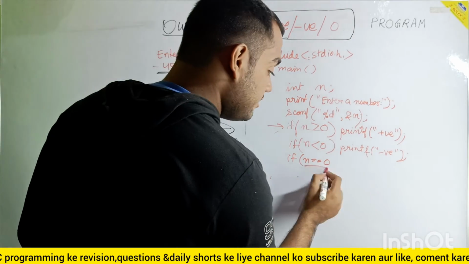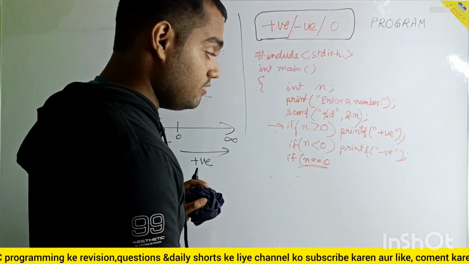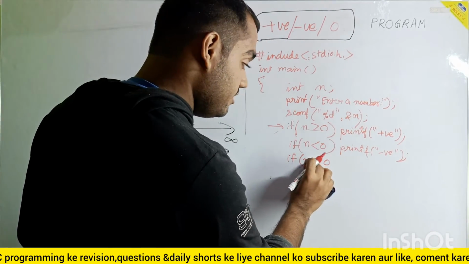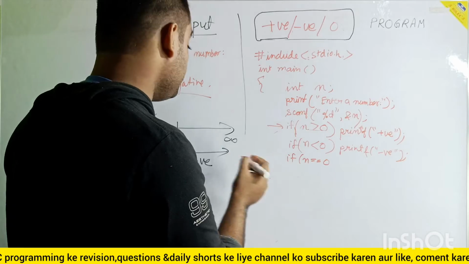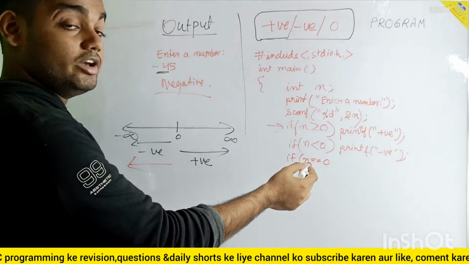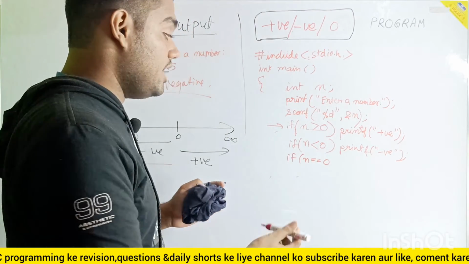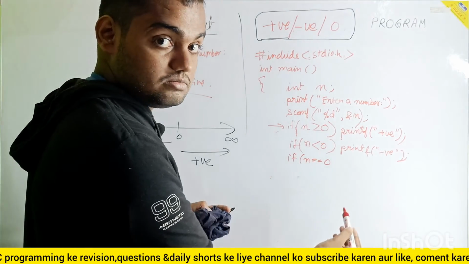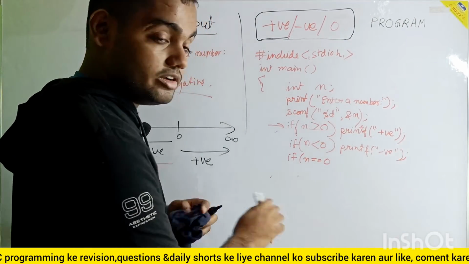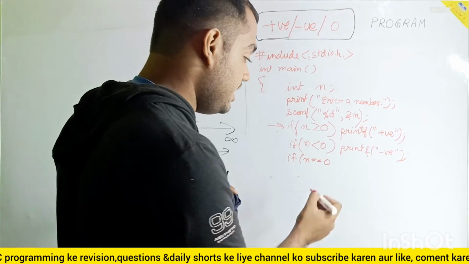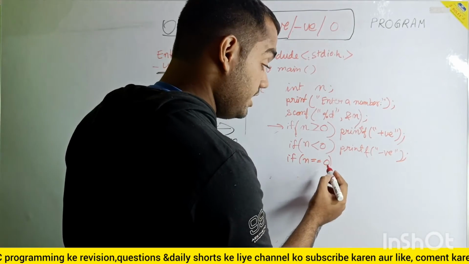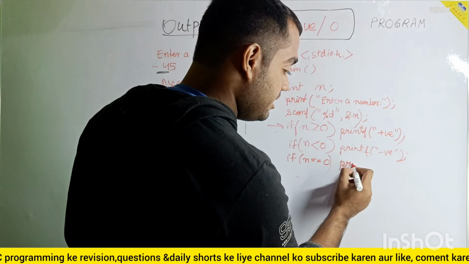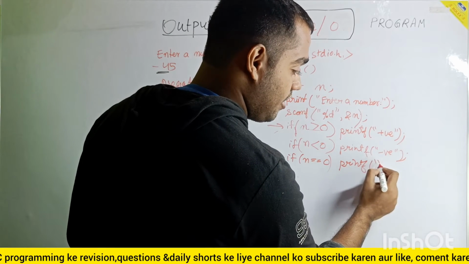It will give the result as boolean, true or false. If the number is -45, is it equal to 0? The answer will be false, so whatever comes next will not be executed. So if n == 0, printf 0.